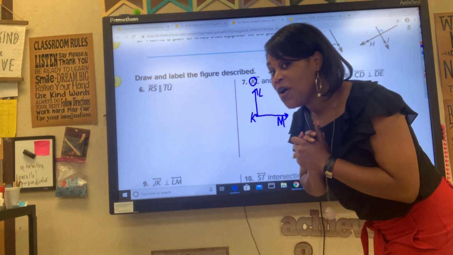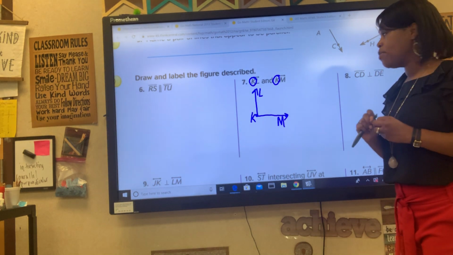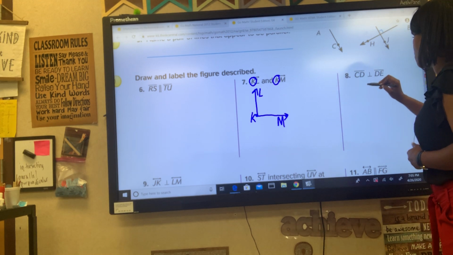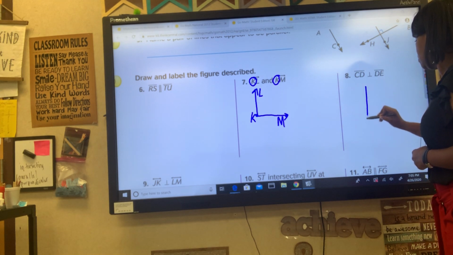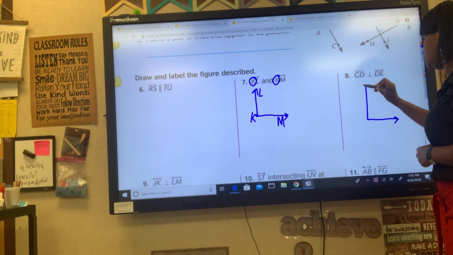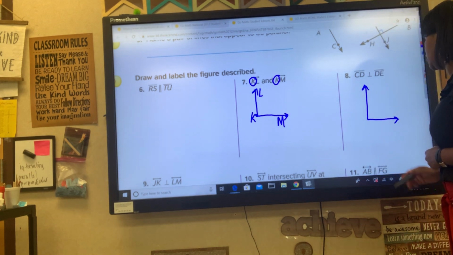No worries, we'll do more. Let's look at 8. This is a symbol for perpendicular to. Remember, perpendicular lines form a right angle. So I want to draw a right angle. I want to get it as straight as possible. If you notice, this one is a little bit slanted. It's not exactly right.